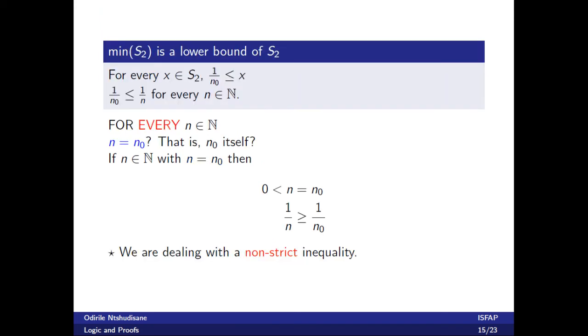However, n could be equal to n naught, in which case we find that indeed 1 over n is less or equal to 1 over n naught, mainly because the inequality in the lower bound condition is not strict inequality.